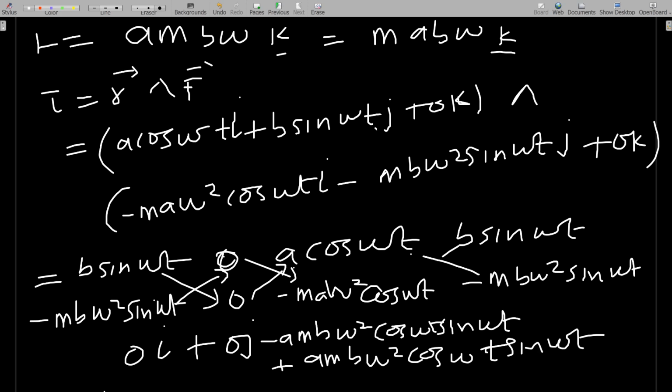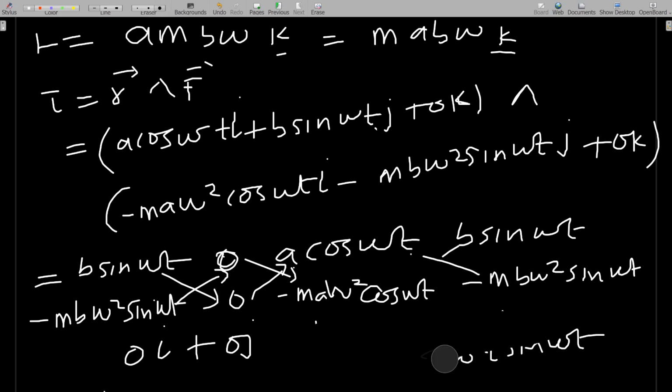When you add, the minus of that is plus, so you get 0 for the K component. The K will also vanish to 0 as well. So in addition, I have plus 0k. So in effect, the torque is 0.